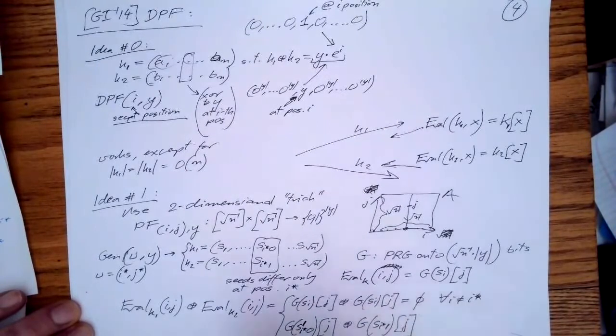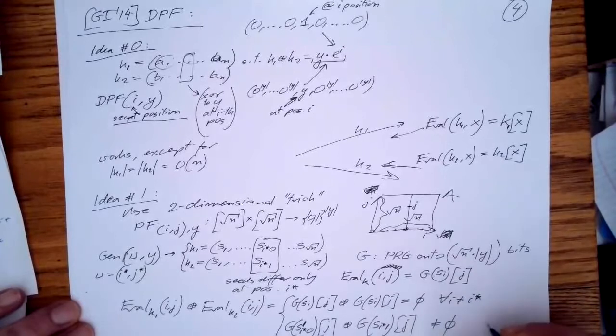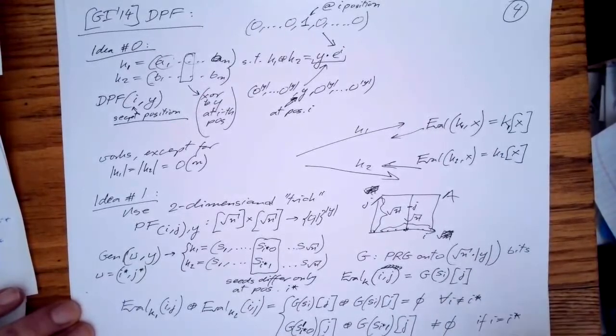Well, is it Y? Well, no. We didn't even use Y in creating these things. So this is not 0 if I is I star. Okay, so we didn't yet encode a Y into this XOR.